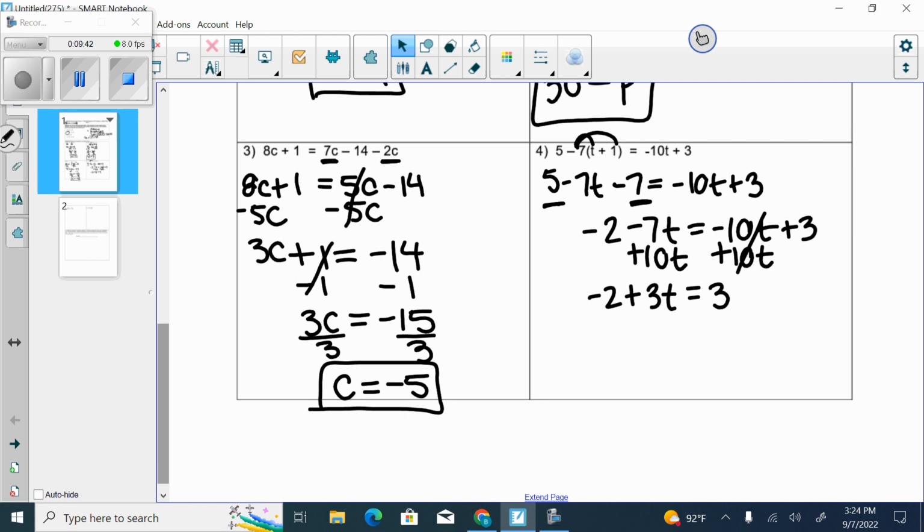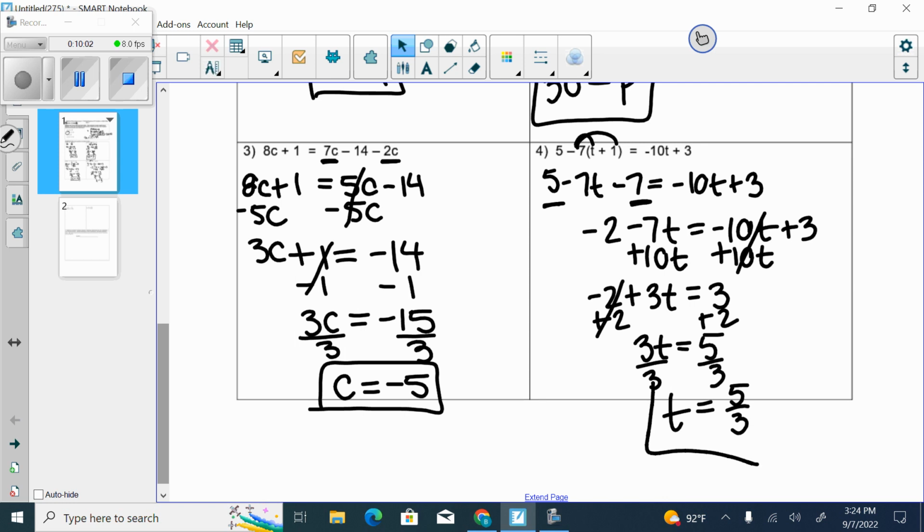Very good. And 3 plus 2 gives us, very good. Nice. And will 3 go into 5 evenly? No. So we're just going to leave it as that fraction, 5 over 3. All right.